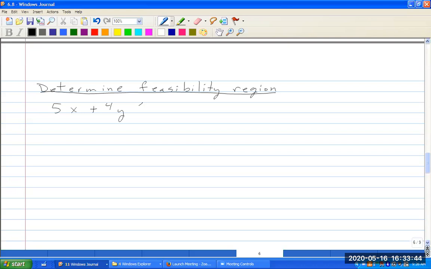So let's subtract 5x from both sides of my inequality, and then let's divide both sides of my inequality by 4. So y is less than or equal to negative 5/4 x plus 5. So in this case, this is going to be true.